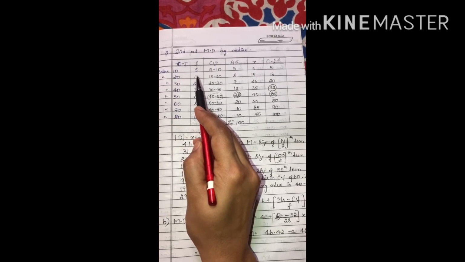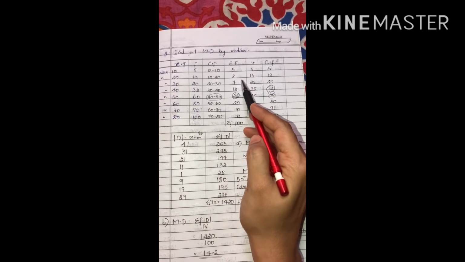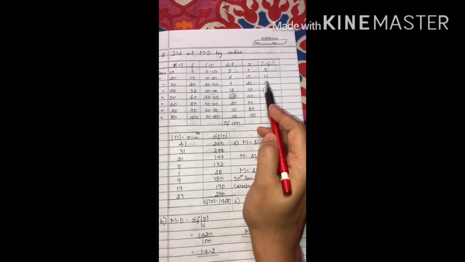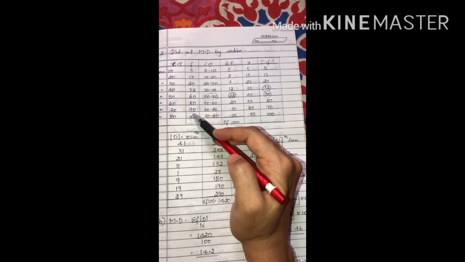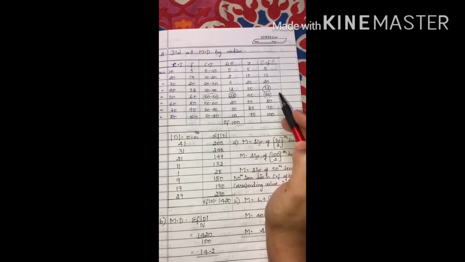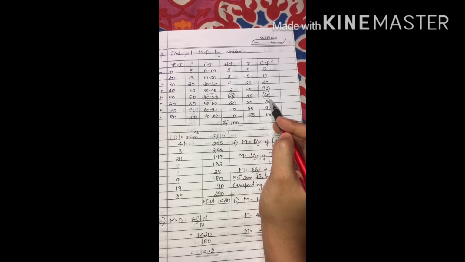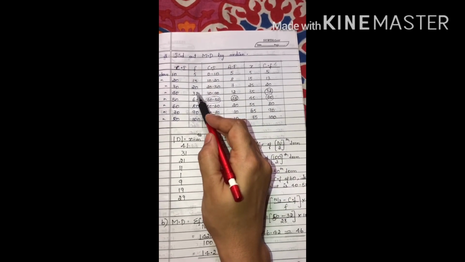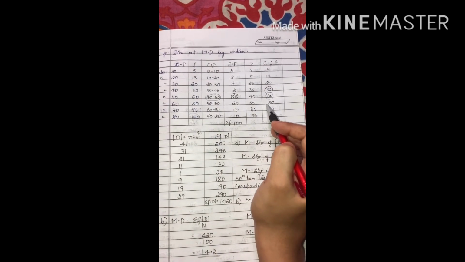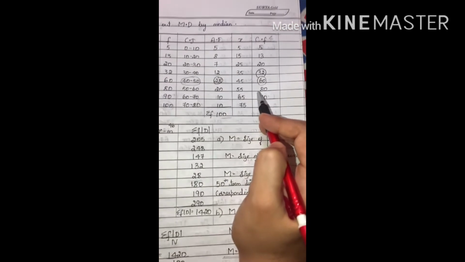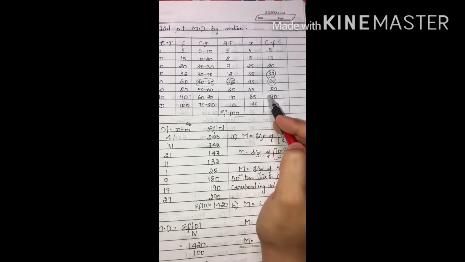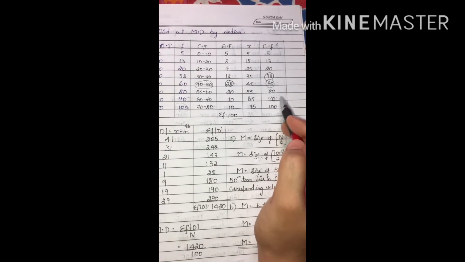In such circumstances, keeping actual frequency as a base, you have to freshly identify cumulative frequency less than. Don't just write down whatever values are given under frequency. Since in this question they have already given you cumulative frequency less than, it is easy for us to write down these answers.